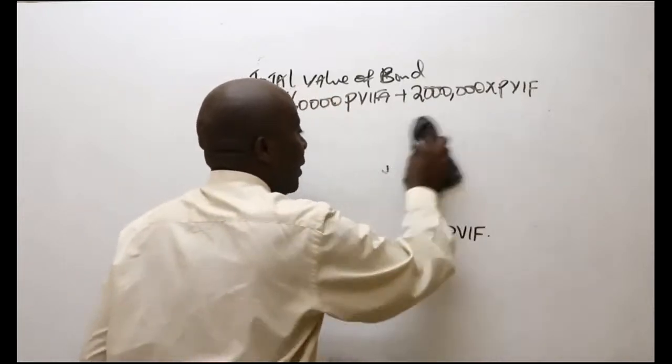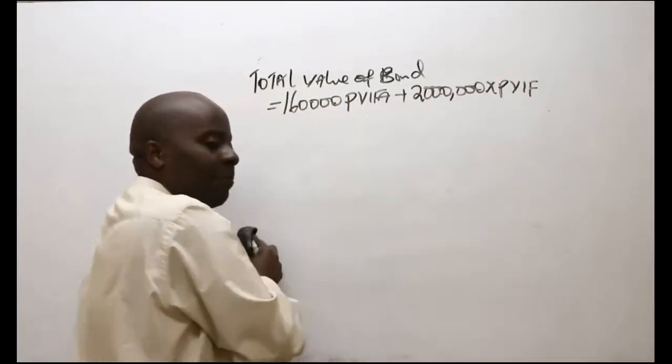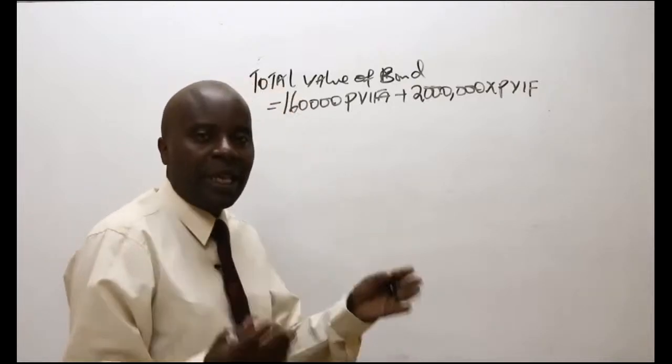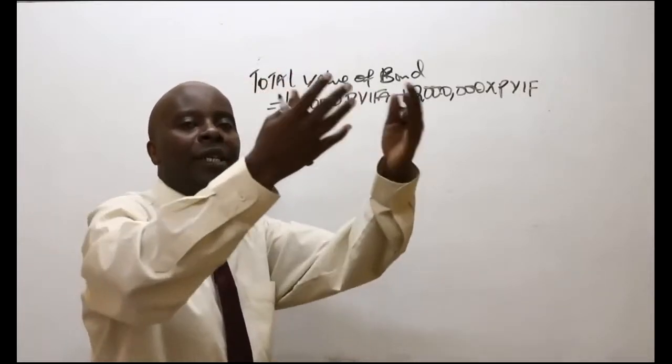Total value will be gotten by looking at the benefits, the cash flows that we shall be getting: the interest plus our redemption value.